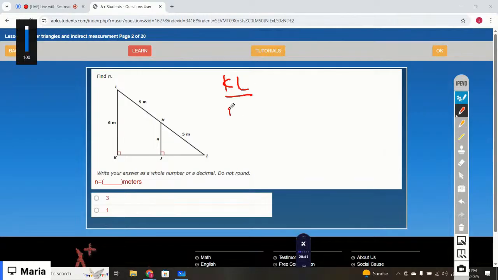KL divided by HJ equals LH divided by IH. No, we need to find LI because that would be KL is 6 over n equals 10 over 5.